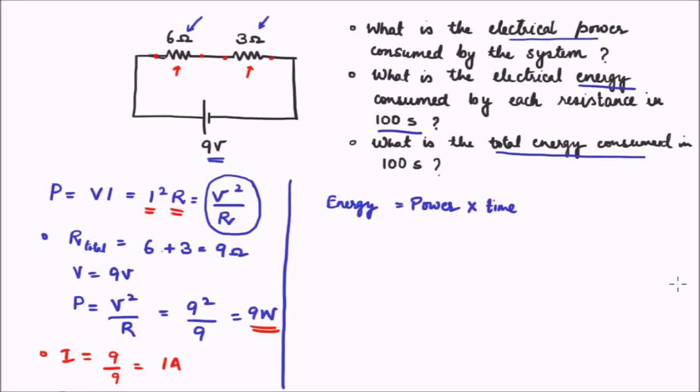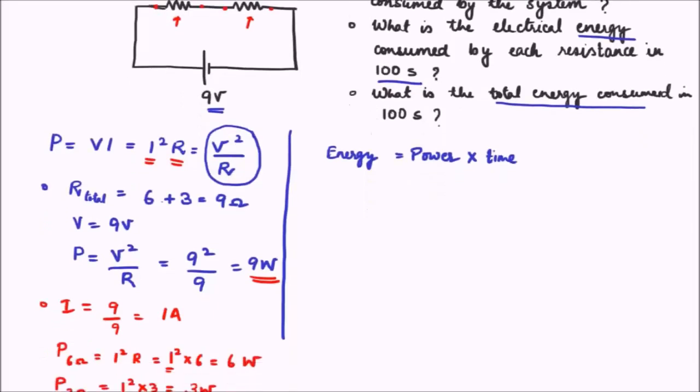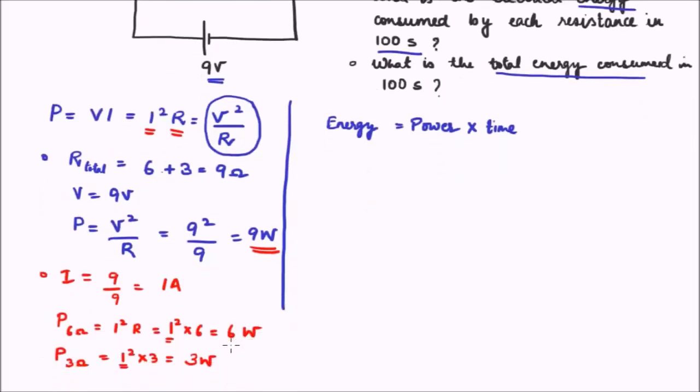That is exactly what we have just done. We had found out the power of the 6 ohm and of the 9 ohm, rather the 3 ohm resistance. Therefore, we are going to use these values of power and plug it into the formula and find out what is the electrical energy consumed by both the elements individually.